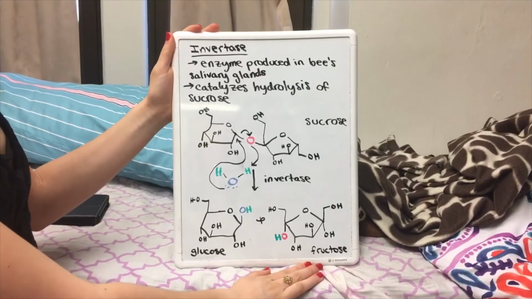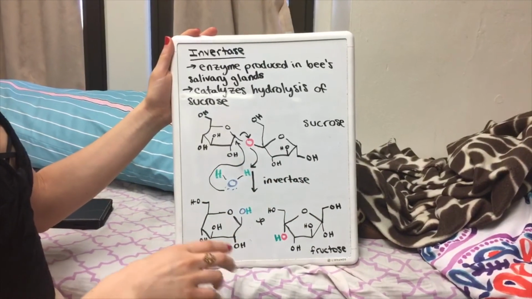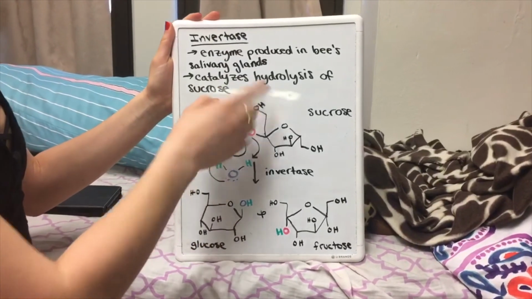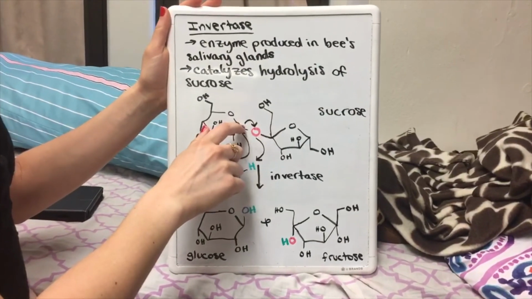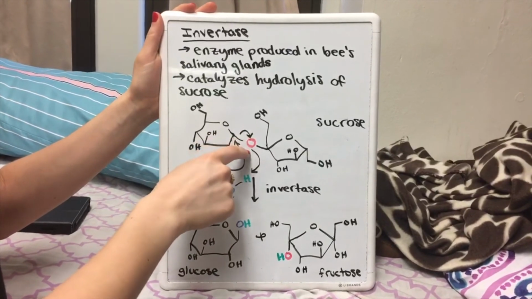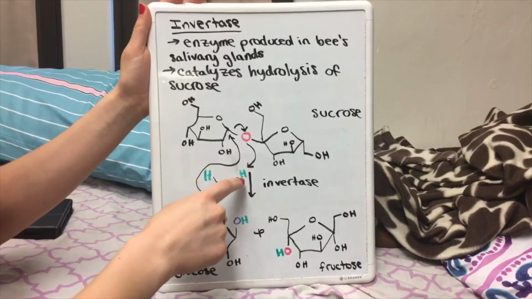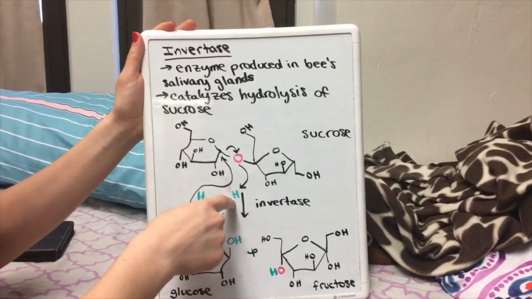So what happens is a water molecule, the bond from this, its electrons go to this oxygen molecule. This oxygen molecule then has excess electrons to attack the hydrogen of the water molecule.